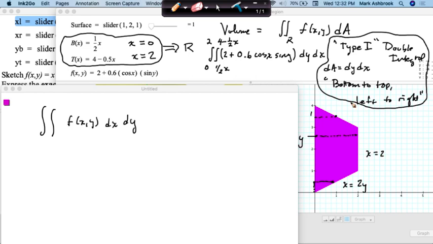And what is this? x equals, do the math here, 2 times 4 minus y. Is that right? Yep. That comes from y equals 4 minus half x, solve for x.